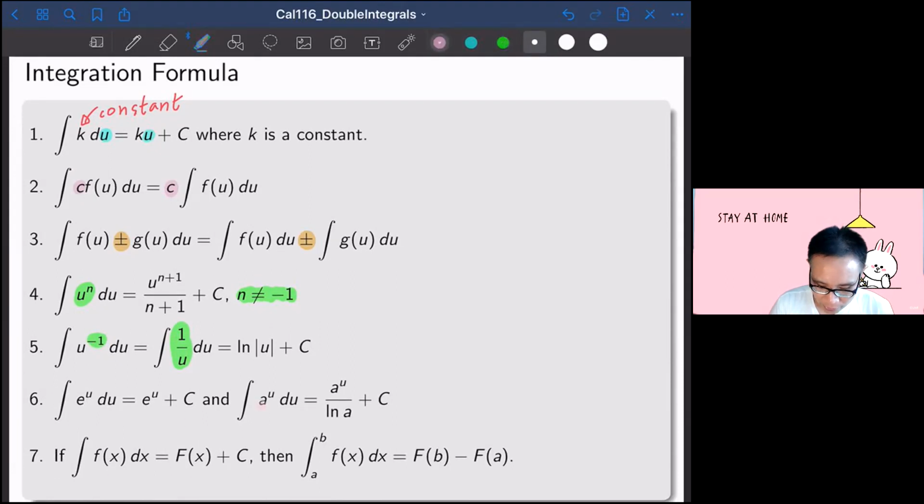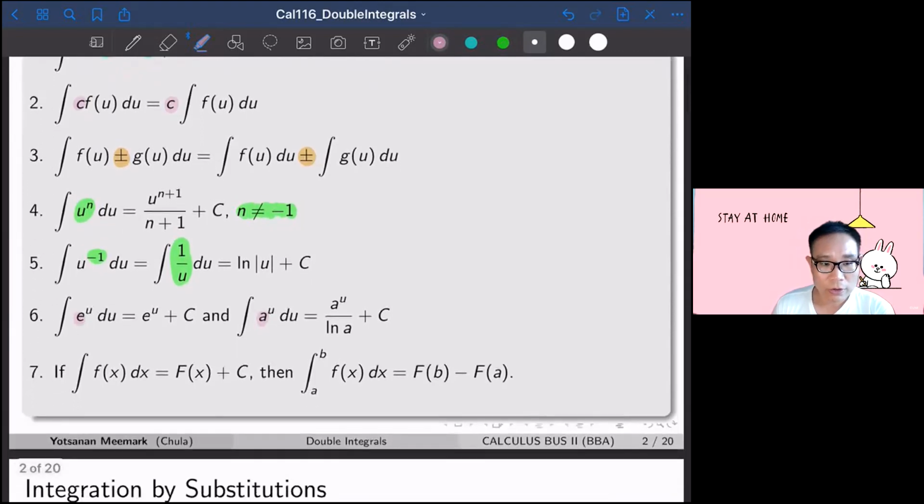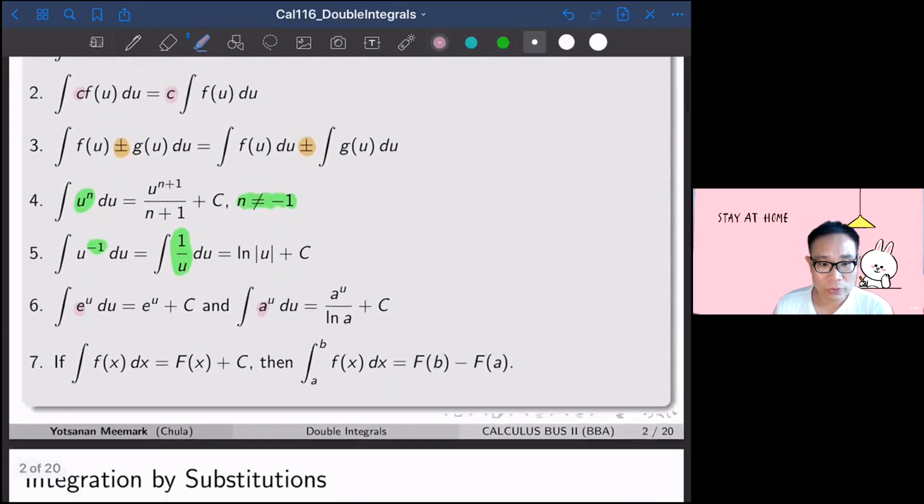So here you see that the difference turns out to be in the base. If you have base e, it's just e to the u plus c. And if you have a to the u, it's going to be a to the u over log a plus c, okay?